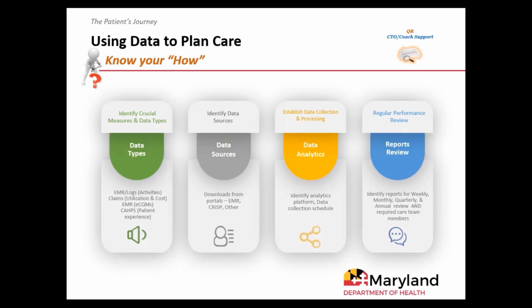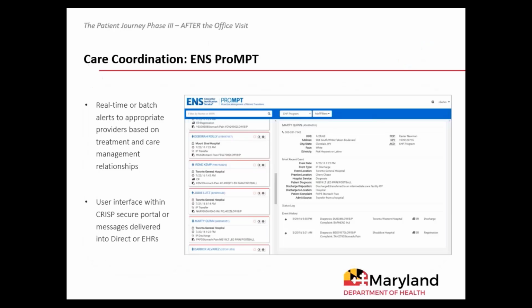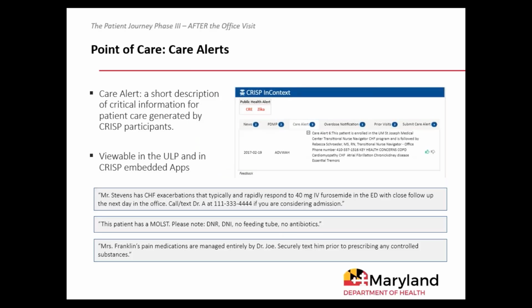So let's quickly review some of the applications available for you in the MDPCP program that you can find on the CRISP portal. The ENS prompt, I need not say much about this. A lot of you are already comfortable with this and know about it. So please pay attention to the information that's there.